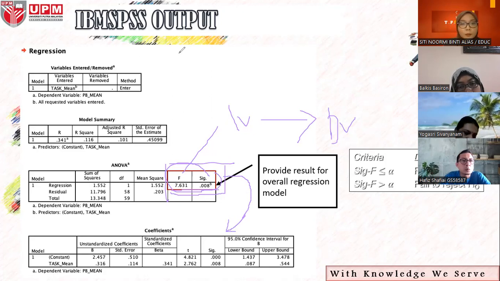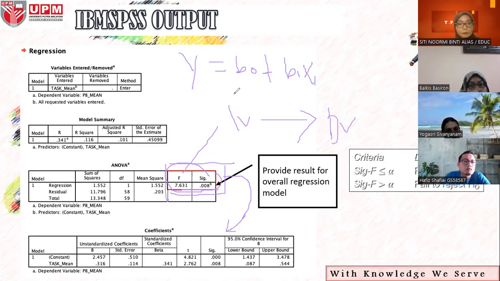Okay, so if we may recall our prediction equation, y equals to B naught plus B1 X1. Okay. So B naught, we refer to the coefficient table. Okay, we refer to the coefficient table.